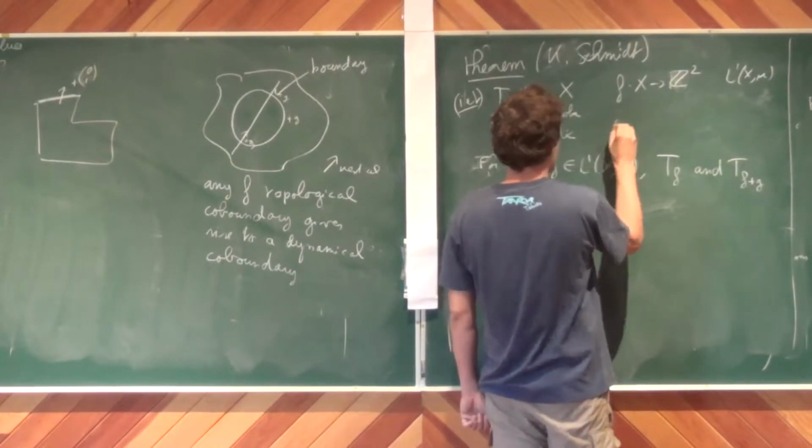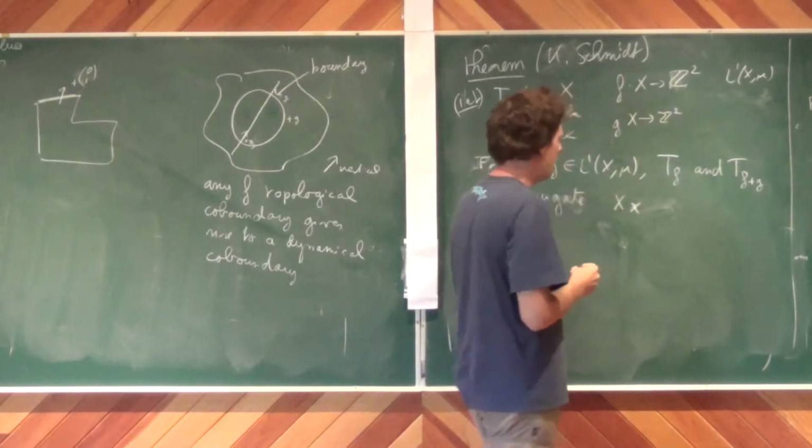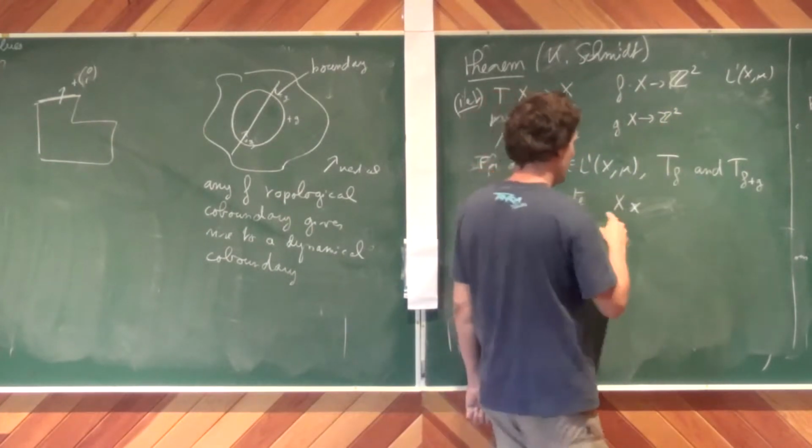And G is also in value in Z2, but it may be any abelian topological locally compact group.